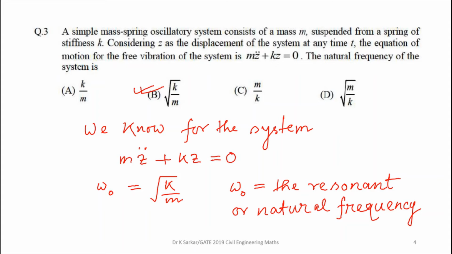The natural frequency of the system is, we know that the natural frequency or the resonant frequency of this given system is square root of k by m. So option B is the correct answer.